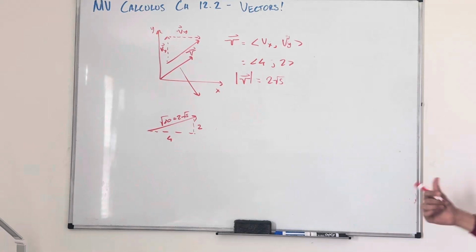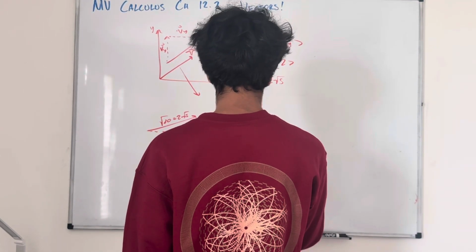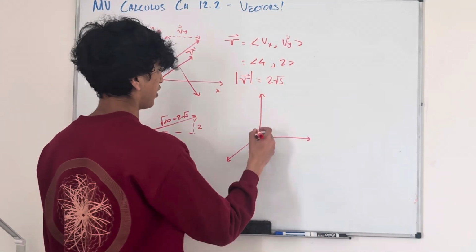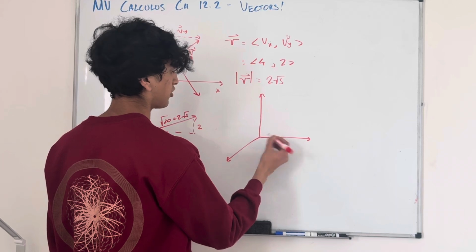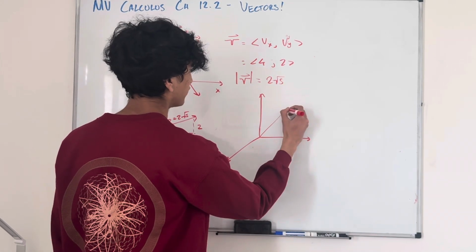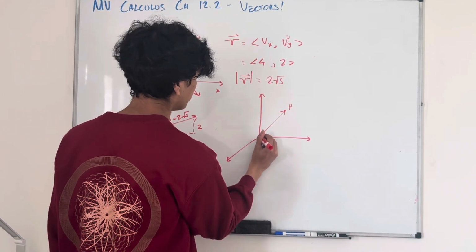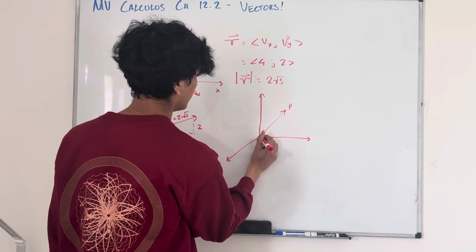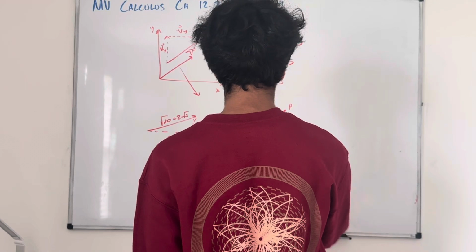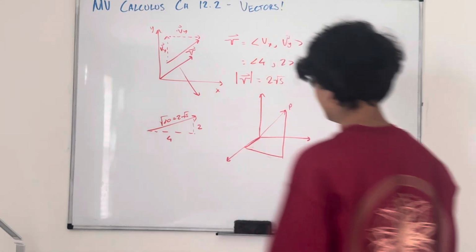We can do the same thing in 3D space, which is inherently 3D. If I draw a vector coming from the origin, just because it's the easiest to show, this vector might point to some point P. It's going to have a component in the x direction, a component in the y direction, and then a component in the z direction.